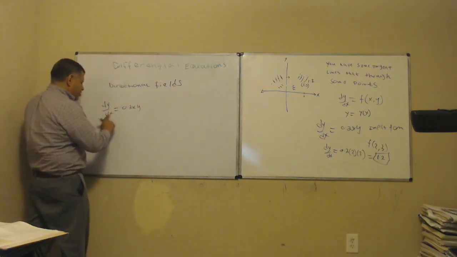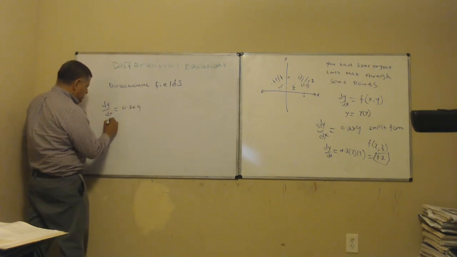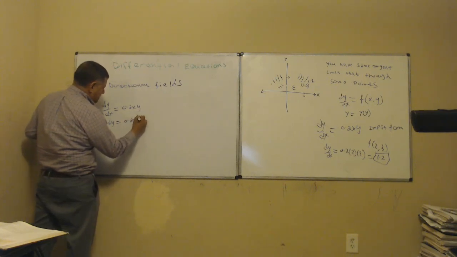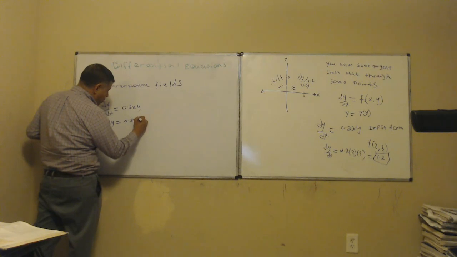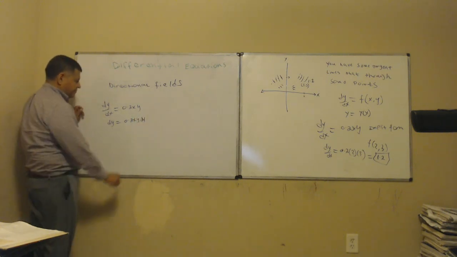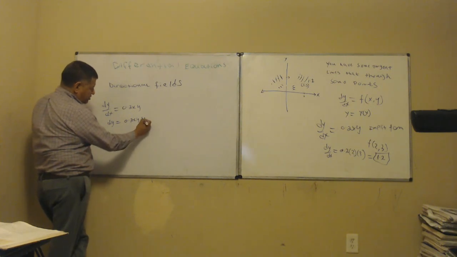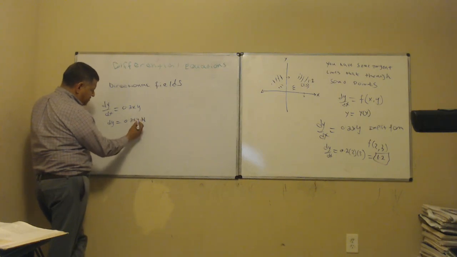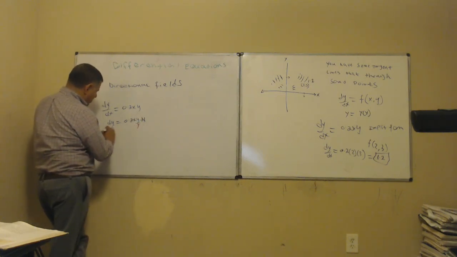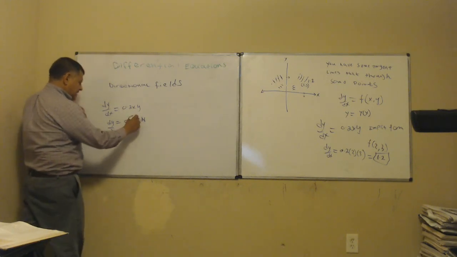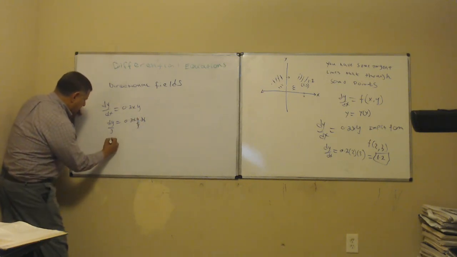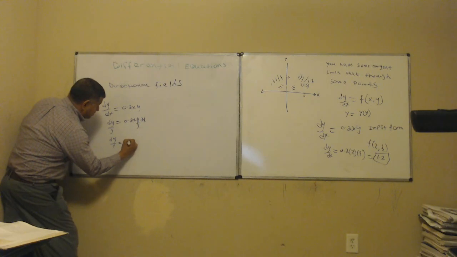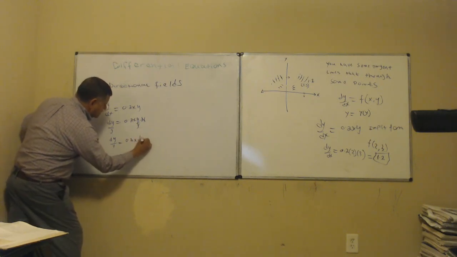Now, if I separate the variables right here, I will say that dy is equal to 0.2xy dx. This is just the first step. Now I need to divide by y, and this y cancels out. And I say that dy over y equals 0.2x dx.